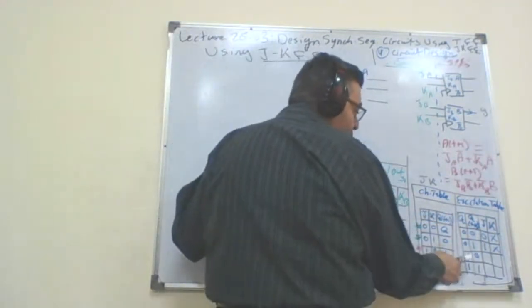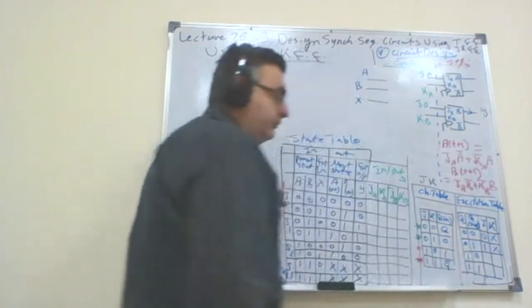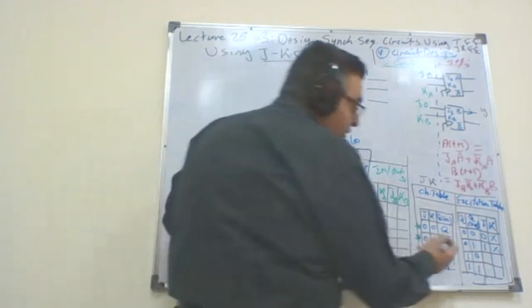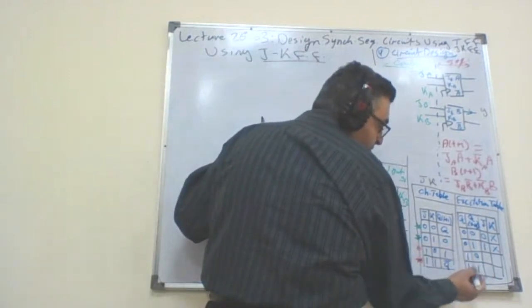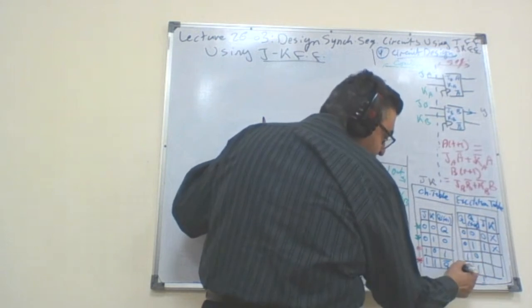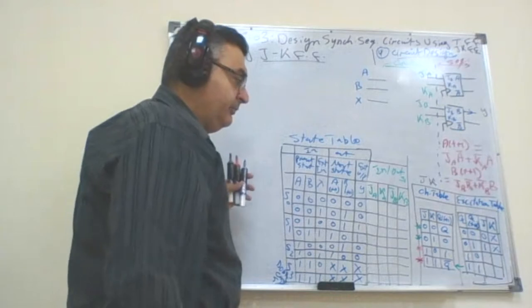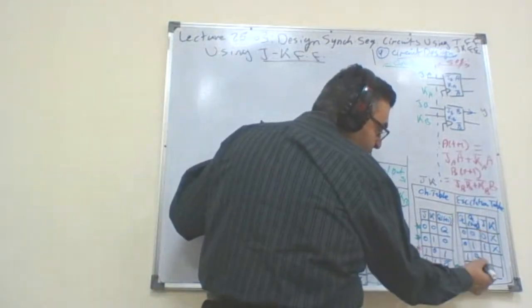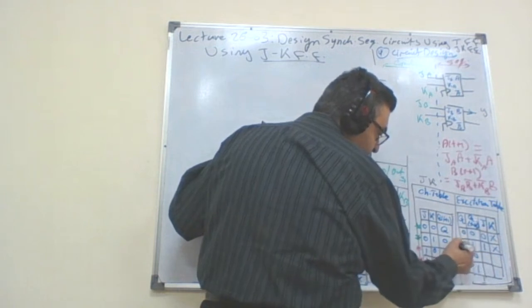Now, go to the next case. Q1, Q of T plus 1, 0. What satisfies this? This is a flipping, because Q1, Q of T plus 1, 0 means that the last row here satisfies this condition. Also, I can view this as setting the Q of T plus 1 as 0, which is satisfied in the second row here.